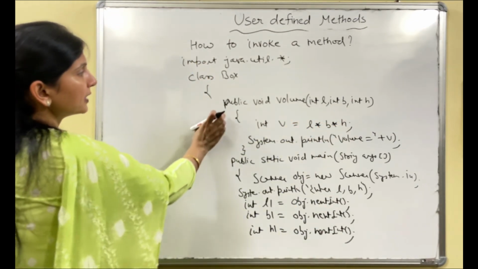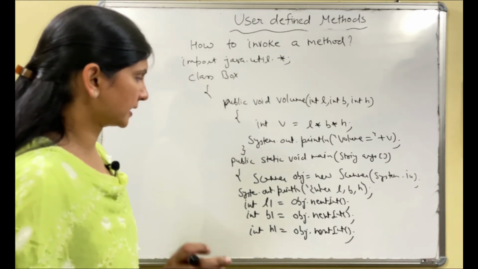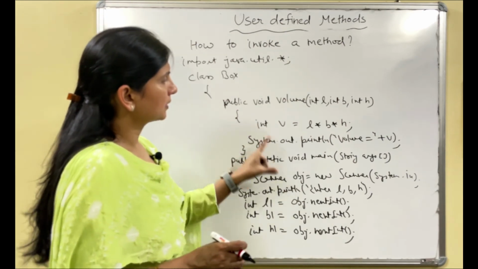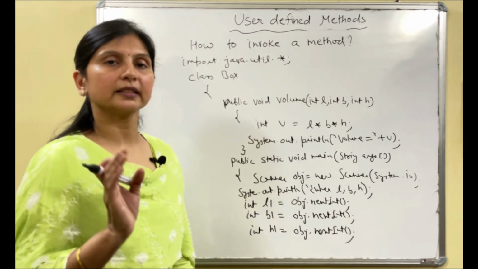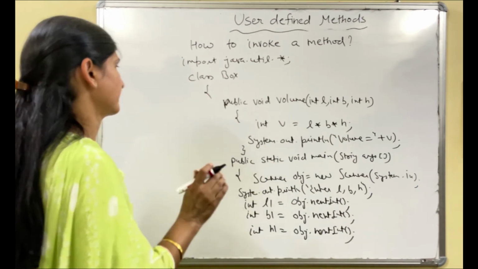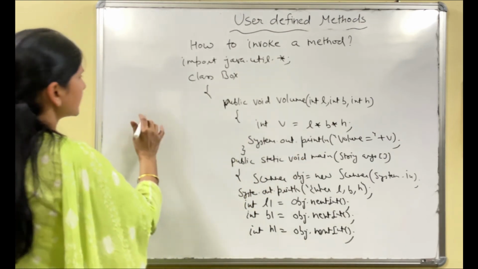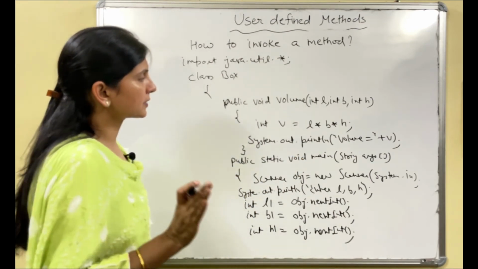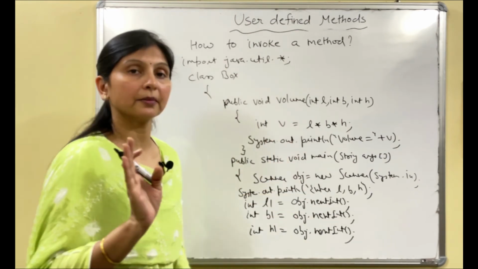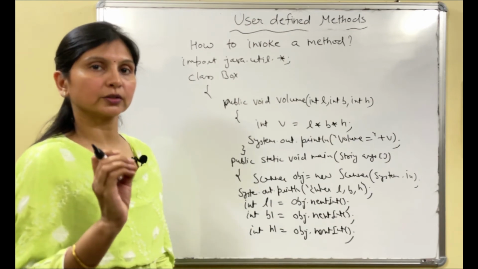Now how will we invoke this method from the main method? This is the main thing, right? To invoke this method from main, we will create the object of this class Box. About static and non-static, we will discuss in the next class. Right now we are just learning how to invoke a user defined method from the main method, and the procedure is to create the object of Box class.